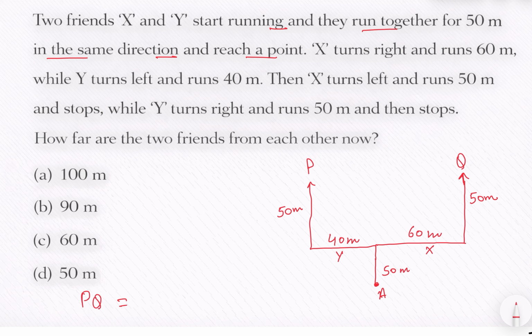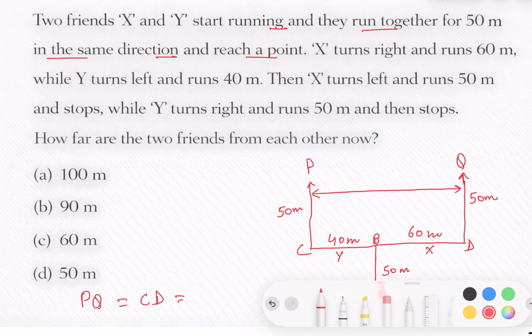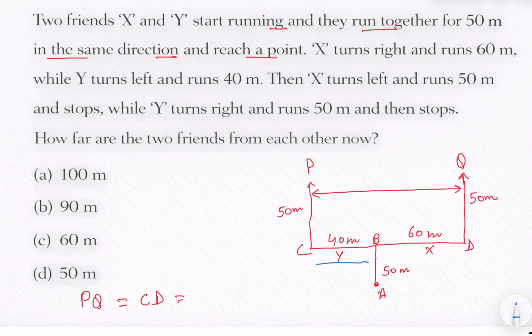So PQ will be equal to CD, and CD will be equal to CB plus BD. CB is 40 and BD is 60, which is equal to 100 meter. Option A is the correct answer.